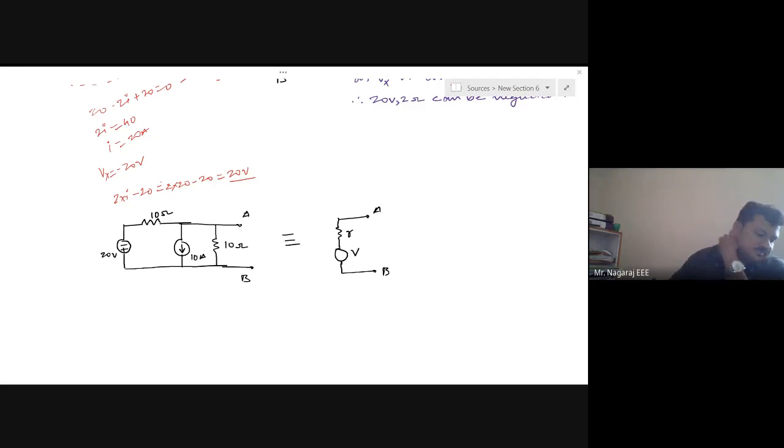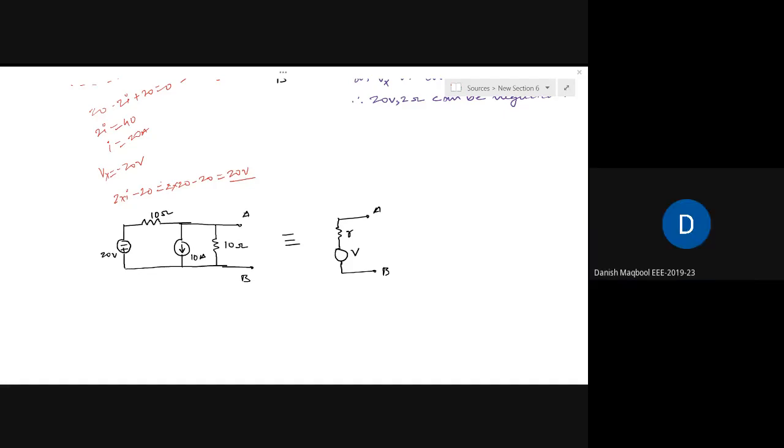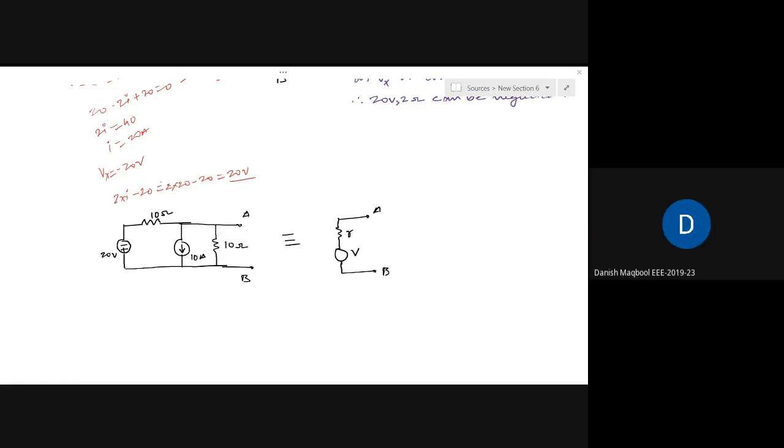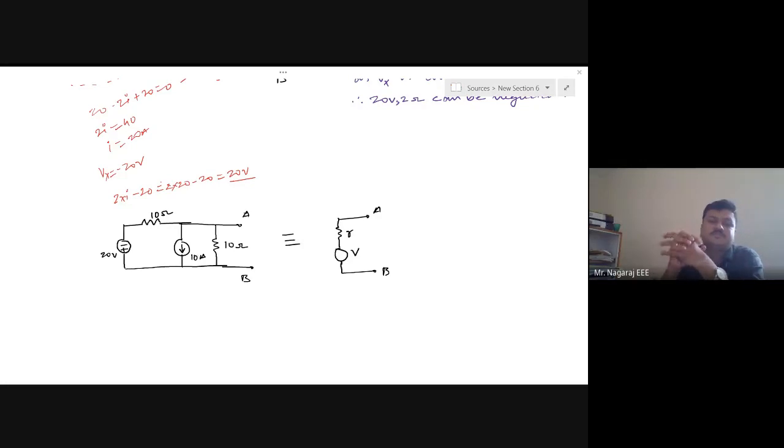Danish Makbul. Yes, sir. Yeah, you are there. Yes, I am here. Divakar is not there. Divakar L. Your presence is shown here. Are you here or left?